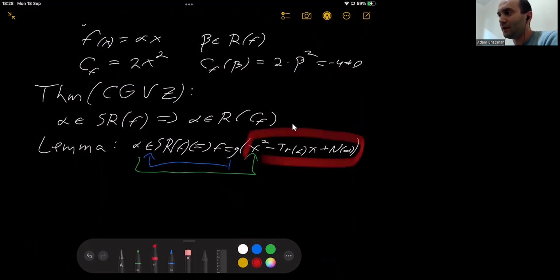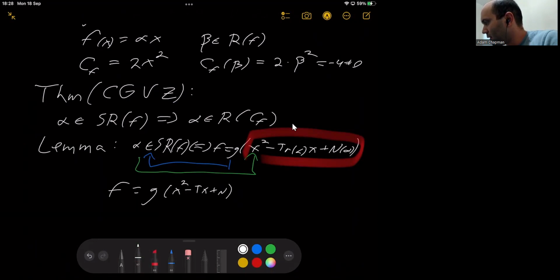Then you are left with some remainder. So you have f is g times this quadratic thing, plus some remainder of the form gamma x plus delta.